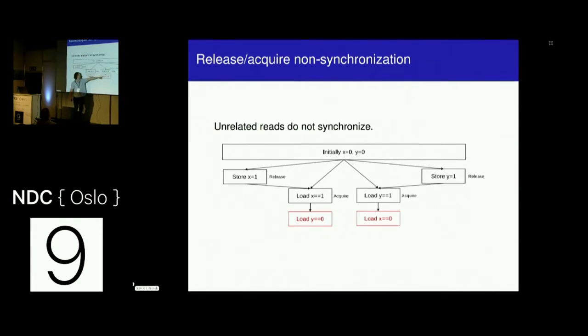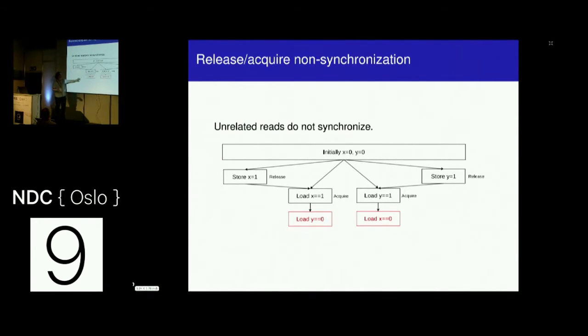If we get our load of x is 0 over here, it doesn't now have to be a global total order. So from the point of view of this thread here, the store to x hasn't happened yet. But from the point of view of this thread over here, it doesn't care what that thread thinks. It thinks the store to x has happened, but the store to y hasn't.